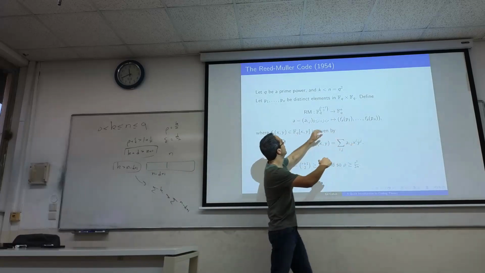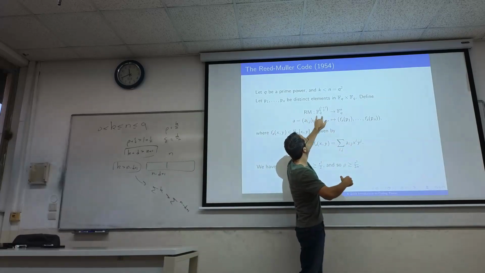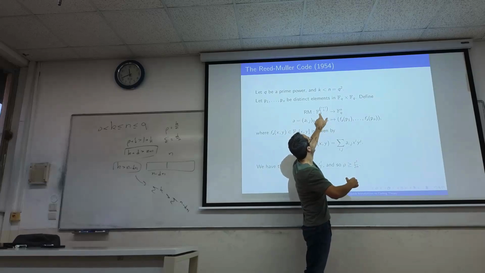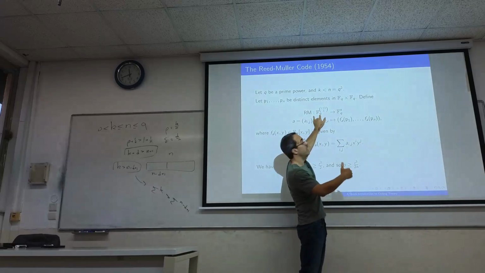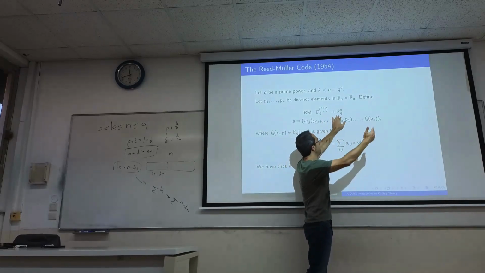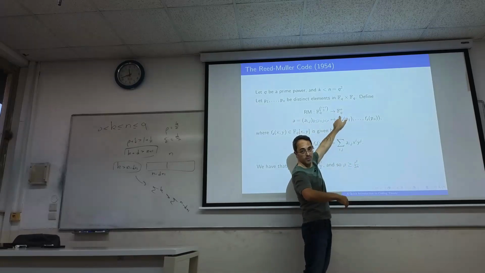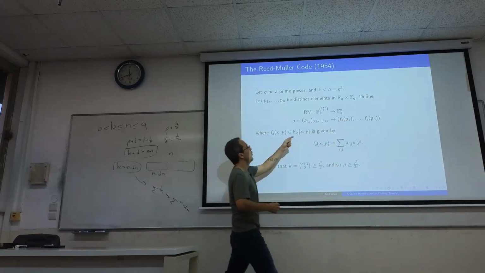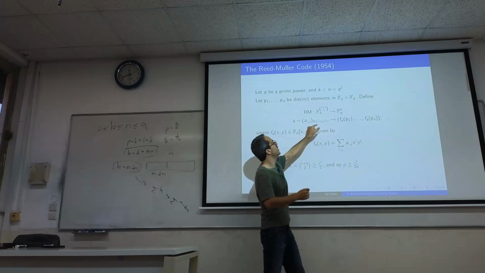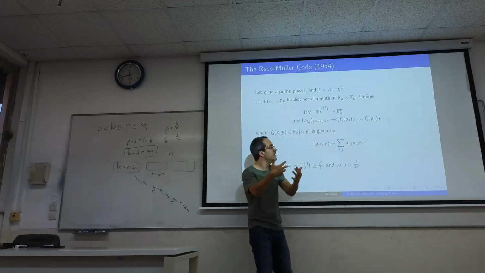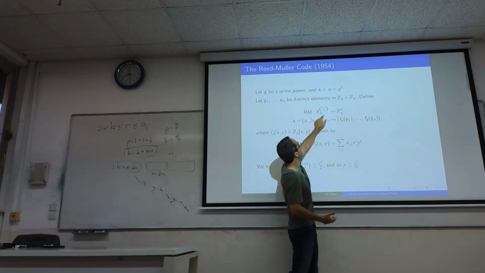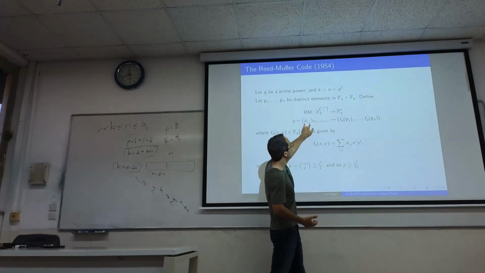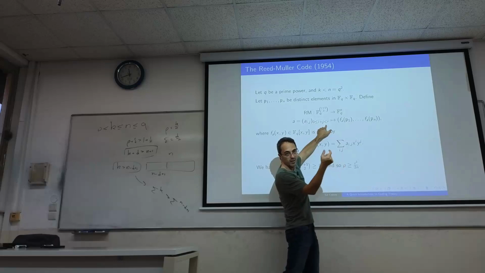So the Reed-Muller code here, related to k, takes a string of this length, r plus 1 choose 2 elements of F_q, and it's going to stretch them, since n is going to be larger, to n symbols. And this number is exactly the right number such that we can rearrange the indices so that they correspond to coefficients of a polynomial of degree at most r in total degree.